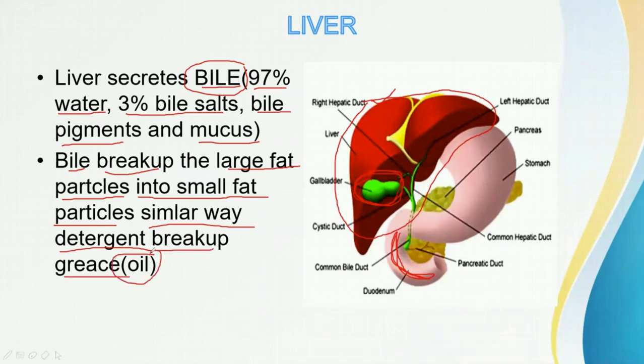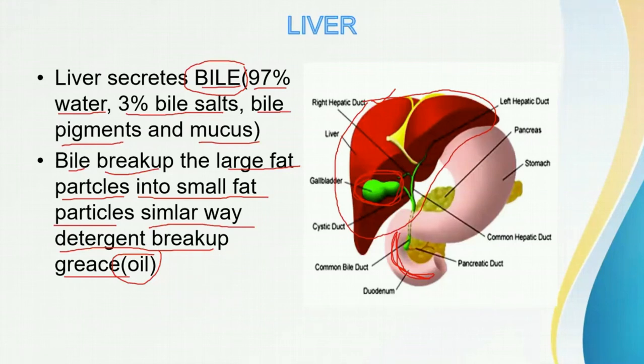Another time I explained: take a cup of water and add 3 to 4 drops of oil, then stir this water with a spoon. After some time, you can see the oil breaks down into small oil droplets. In the same way, when the fat particles in our food mix with the bile, this bile breaks up the large fat particles into small fat particles.